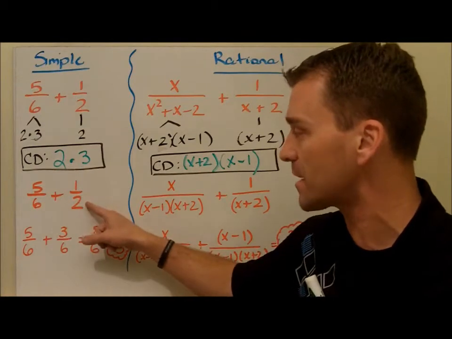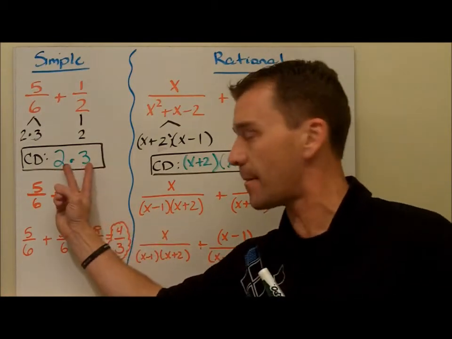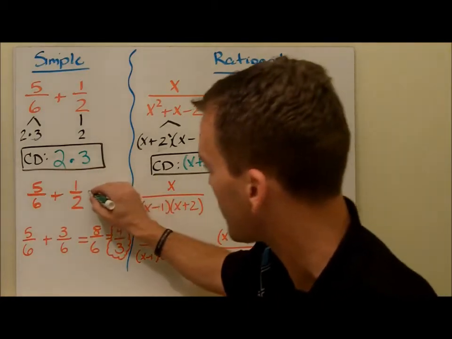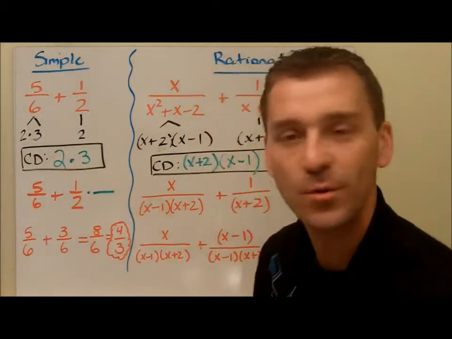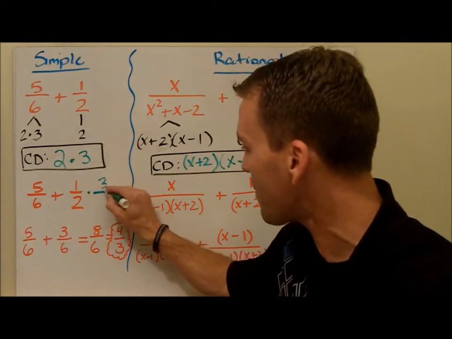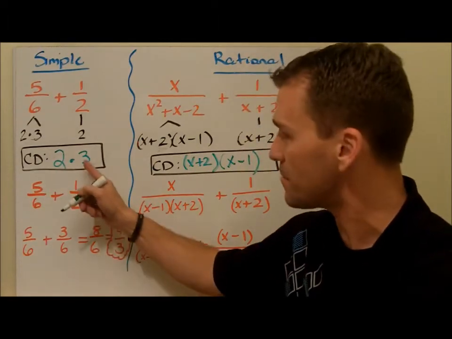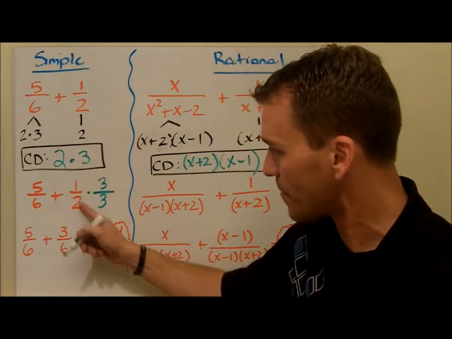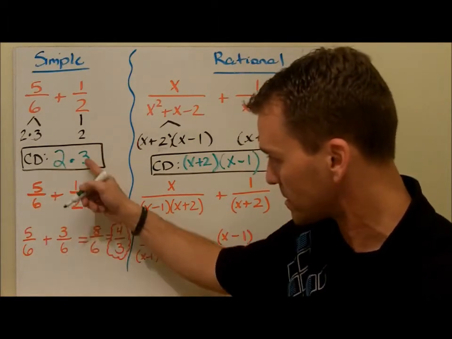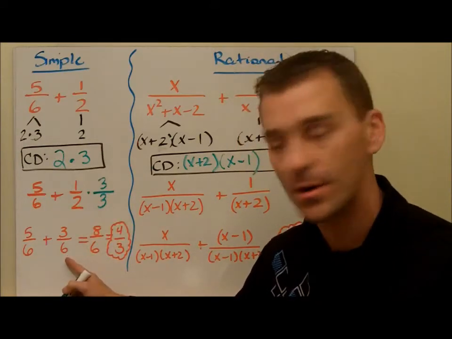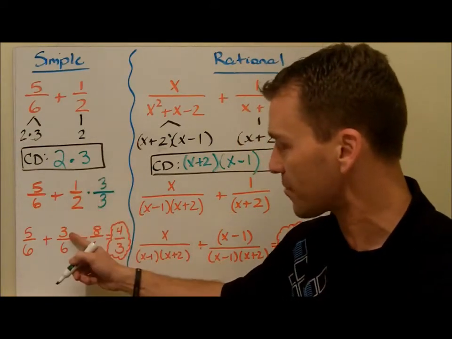So what am I missing comparing 2 to my common denominator? I'm missing a multiplication of a 3. So therefore, I must multiply by a funky looking 1. I multiply the top and the bottom by 3. Why? Because I have a 2, but I'm missing a 3. So I must multiply this to get to my 6. So when I multiply the tops, I get 3.